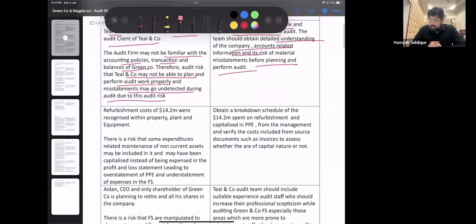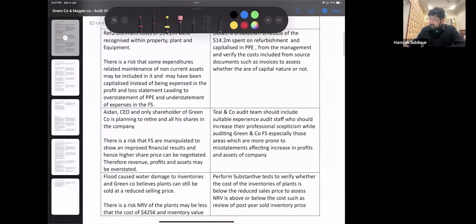The second point, the CEO and only shareholder is planning to retire and sell all his shares in the company. There is a risk that financial statements are manipulated to show improved results, and hence a higher share price can be negotiated.